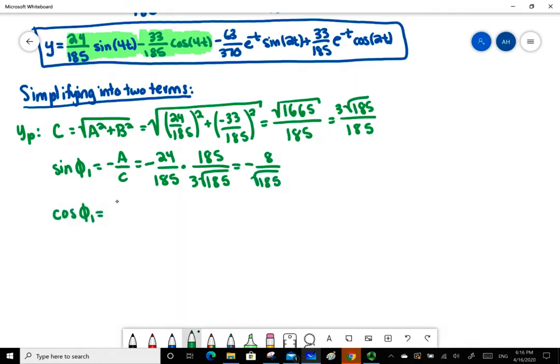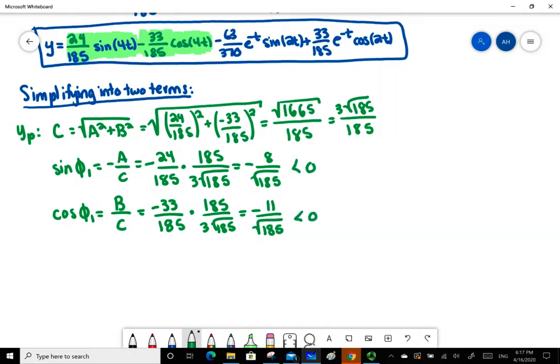The cosine of phi1 is b over c, so negative 33 over 185 times 185 over 3 square root 185, which equals negative 11 over the square root of 185. Since both the sine and cosine of phi1 are negative, phi1 is in quadrant 3.